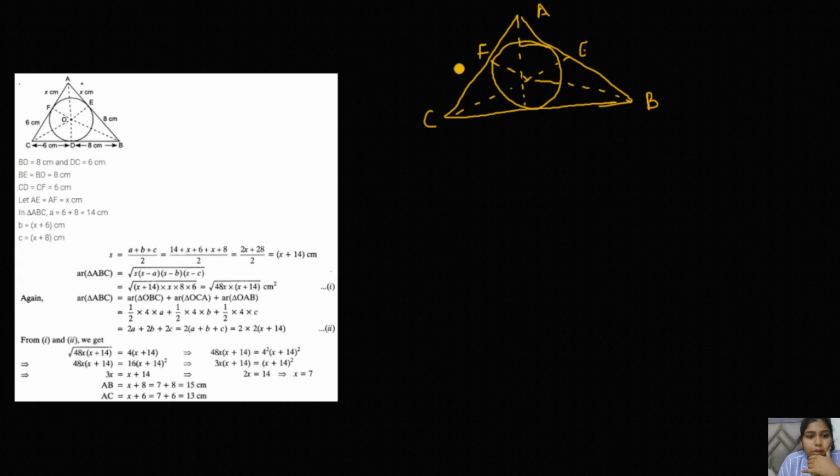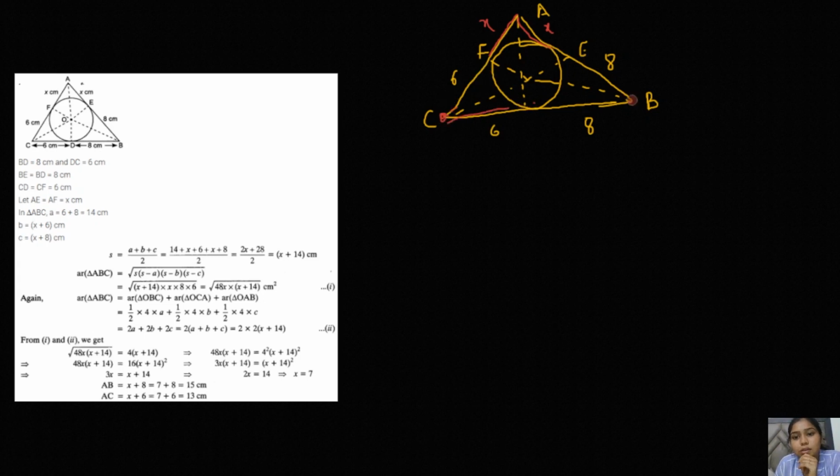Now this is 6, this is also 6, this is 8, this is 8. Now you can see that in this particular circle, let A be the external point, so these two will be the tangents which are drawn. So obviously both of them will be equal. Since they are not given, let both of them be x. Similarly, if C is the external point, both of them will be equal, that is why both of them are 6.